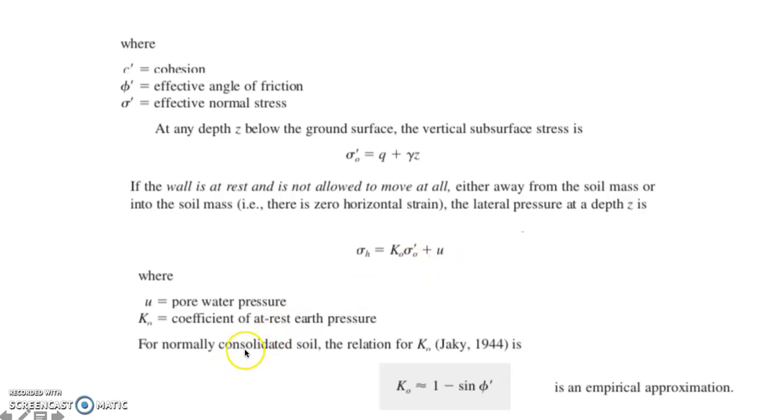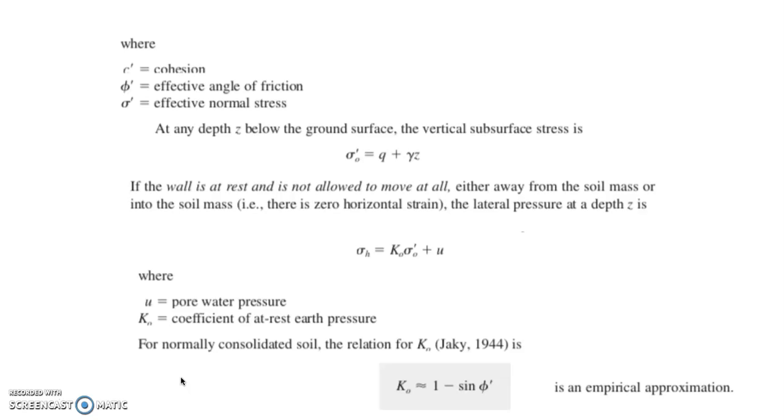Your K naught, which is our coefficient of at rest lateral earth pressure, can be computed depending on whether it is normally consolidated soil. According to Jaky's formula, K naught is approximately equal to 1 minus sine phi prime. Of course, you know what normally consolidated soil is.